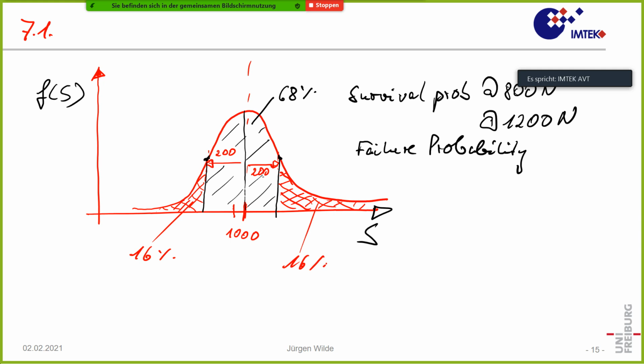So failure probability if we load it at 800 is how much? R of 800 is?